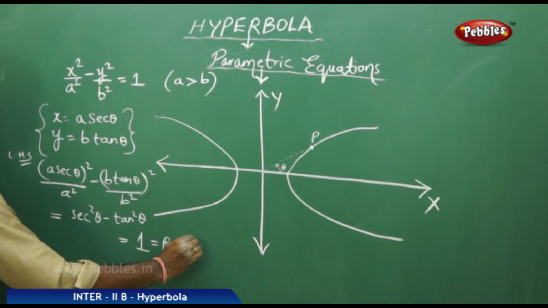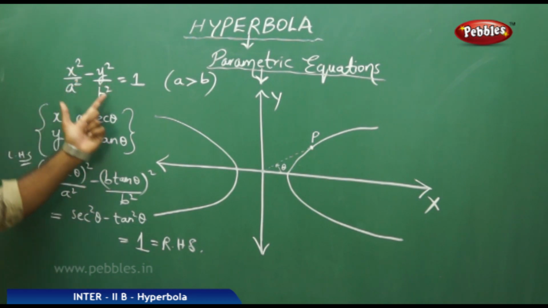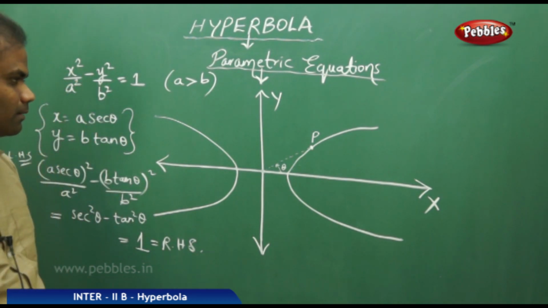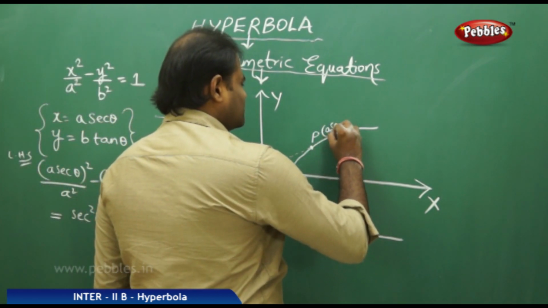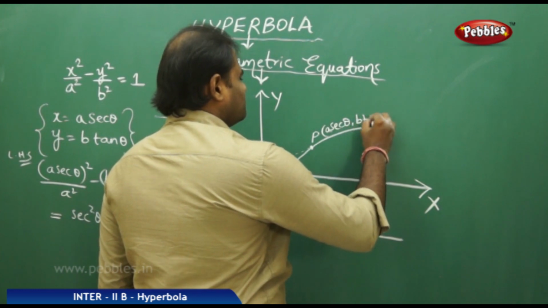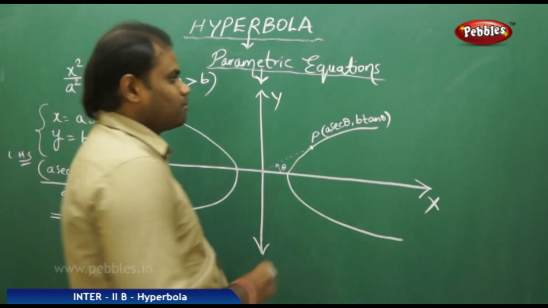That is the right hand side. That is, these two equations satisfy the hyperbola x squared by a squared minus y squared by b squared equals 1. Therefore, every point P is given by a secant theta and b tan theta, and this is called the parametric point.